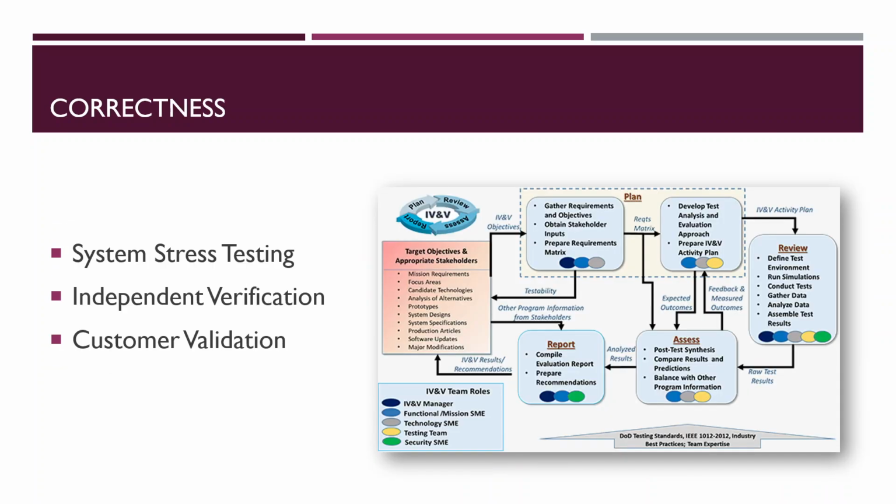All right, correctness. When we talk about correctness, we're talking about independent verification and customer validation. That's usually called an IV&V function. For people that are familiar with how the government works or how high-end research works, usually there's what's called an IV&V function, or independent verification and validation. IV&V is very, very useful.